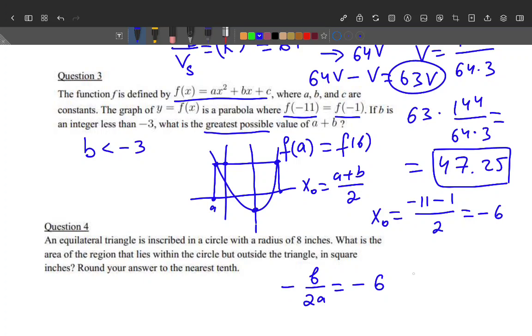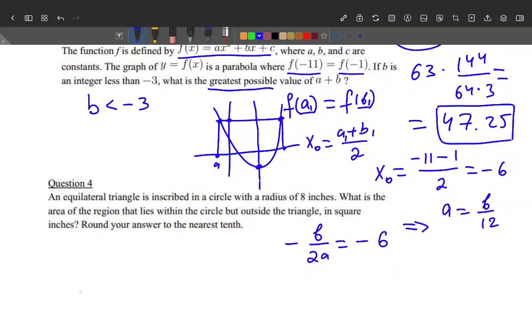It gives us the connection between A and B. It is A and it's B. Here it is not actually A and B from the standard form of our function. It's like A1 and B1, for example. It's other numbers. From here I find A equals B divided by 12.